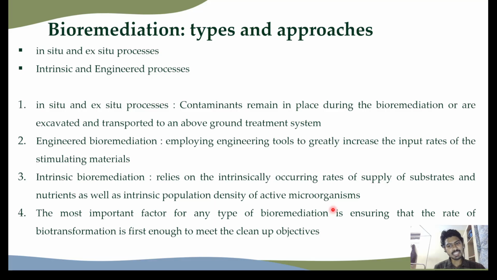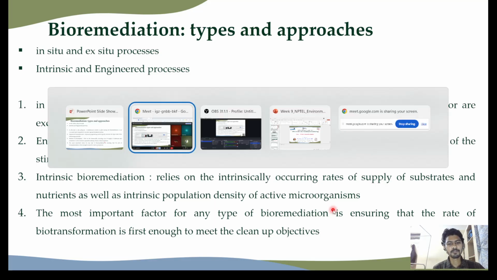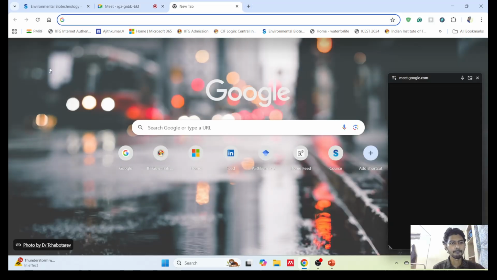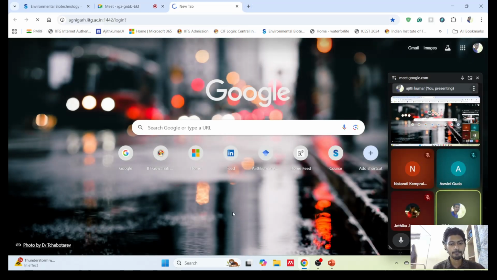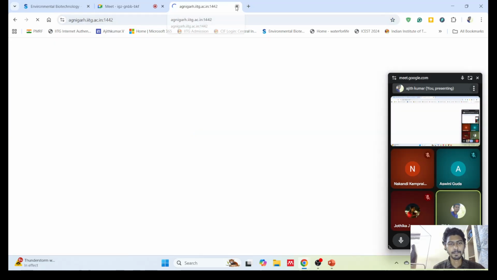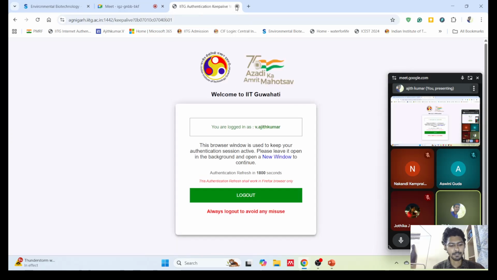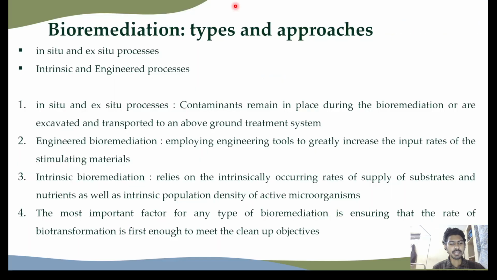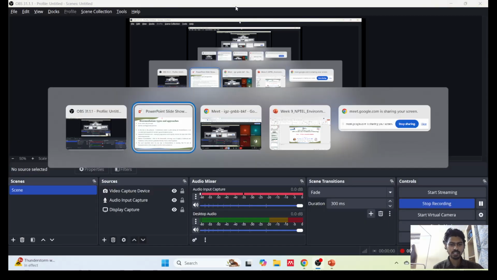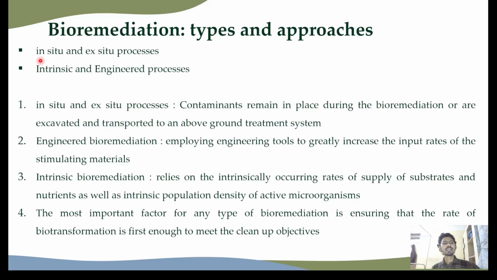So if you see the types and approaches of bioremediation, the first thing is that we have to understand the difference between the in situ technique and the ex situ technique.